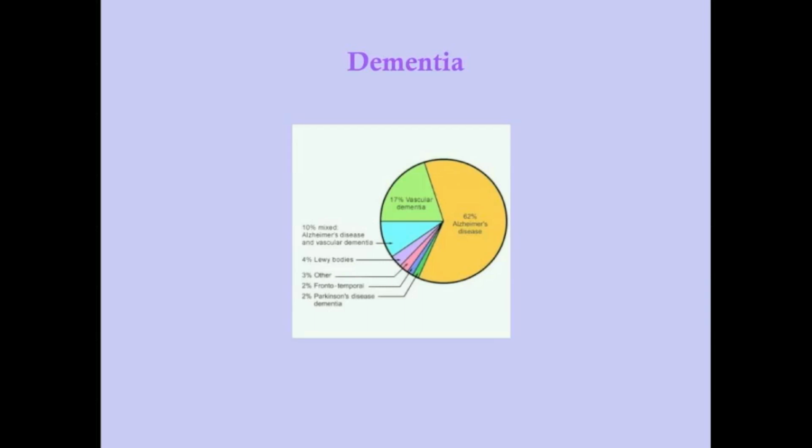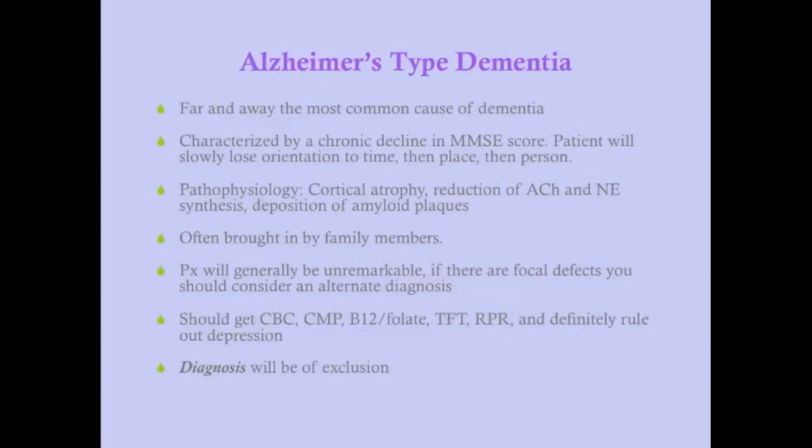You're probably not going to be asked about that on the USMLE, because they'll usually just ask you about specific diagnostic types of dementia rather than mixed types. And then the other types make up the approximately other 10%.